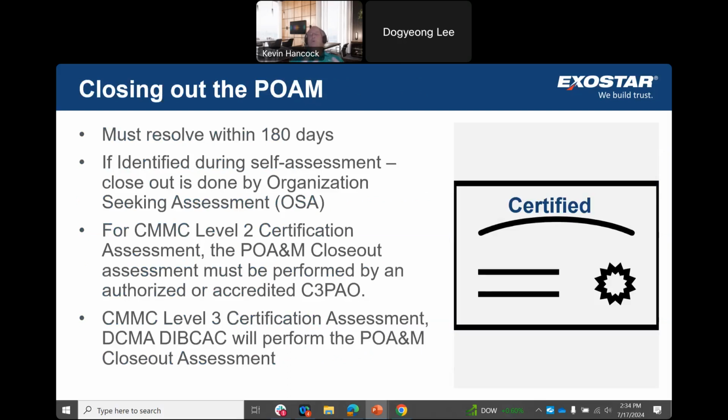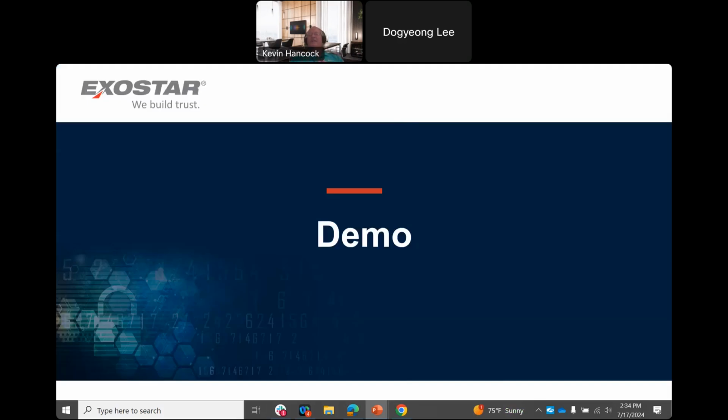You can open a POAM and close that POAM within 180 days, and then that same organization is going to be the one that comes and does a reevaluation, and then they will attest that you're certified and you're good to go. So hopefully that explanation gave you a good understanding of what's going on when we talk about generating that assessment and that SPRS score.